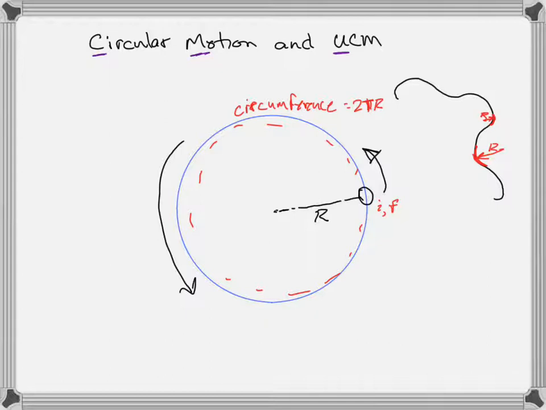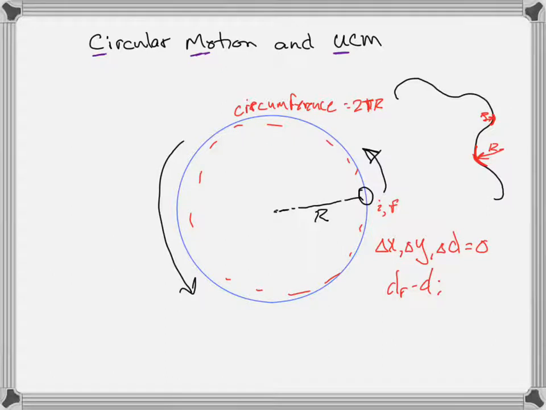What's the displacement when the object goes in a full circle? The displacement, delta x or delta y or delta d, whatever you want, the displacement is 0, right? Because it starts where it finishes, and displacement is just final position minus initial position.